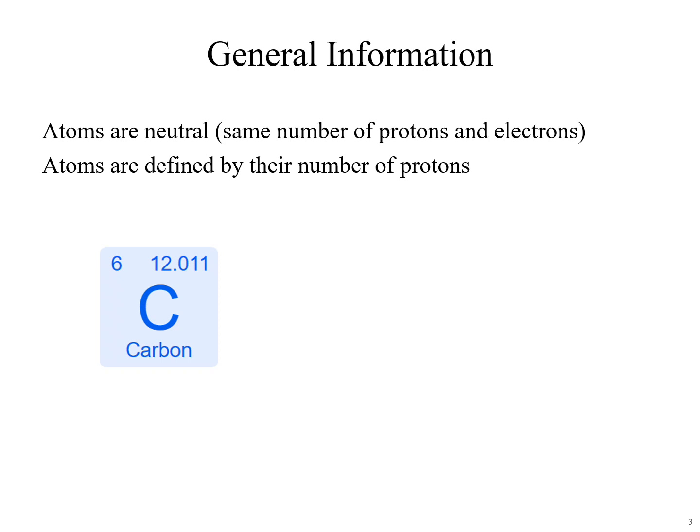So for an atom of carbon to be neutral, if it contains 6 positive charges, it has to contain 6 negative charges. So the electrons are those negative charges. So for atoms to be neutral, the number of protons and electrons are equal to each other.